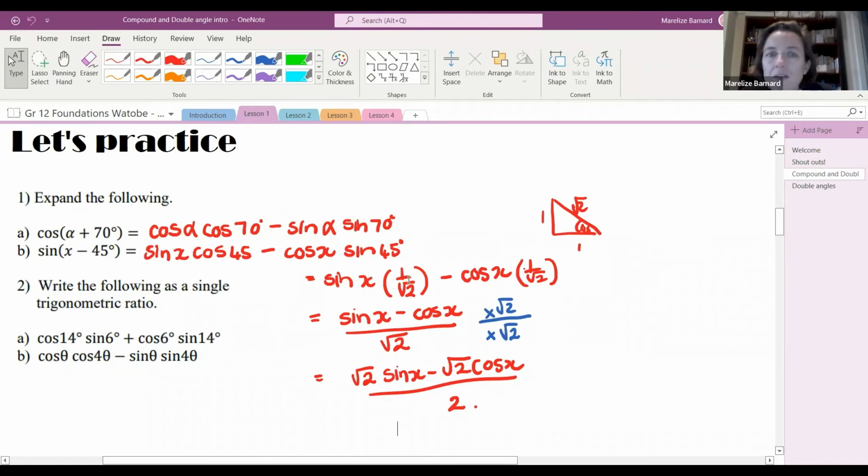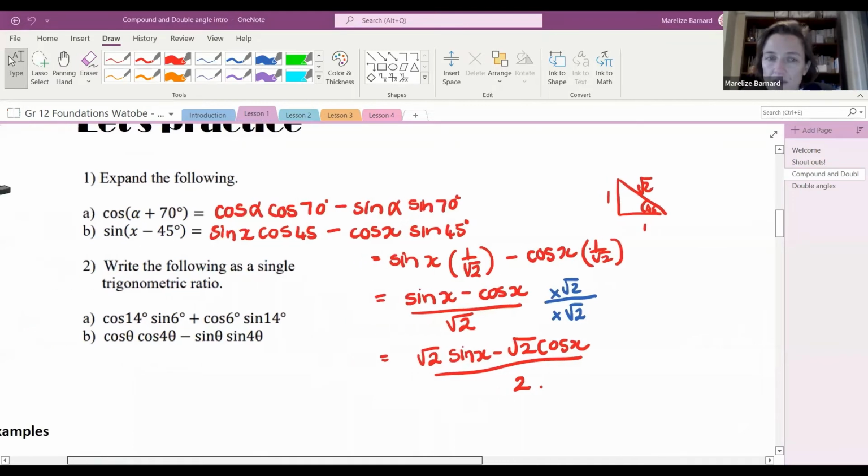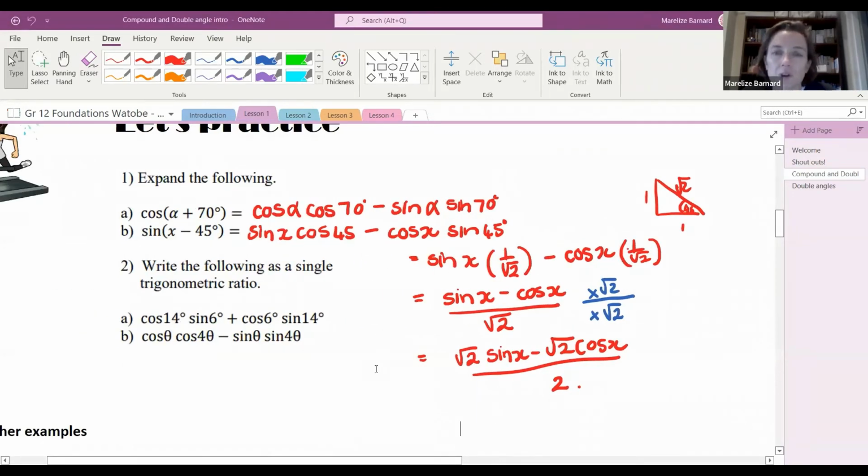And then the sine 45 is also 1 over root 2. That's a special angle. If you're not sure of your special angles, we did a whole lesson on that not too long ago. That's in our recording, so you're welcome to go back and have a look at special angles. Thanks Sinavuyo for your question.